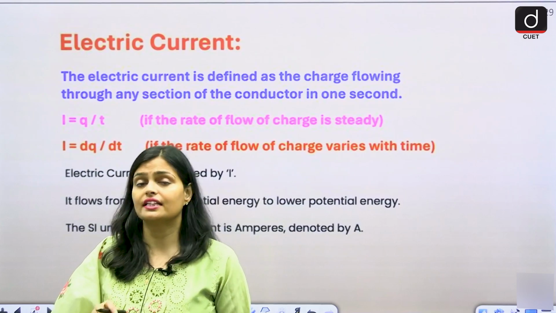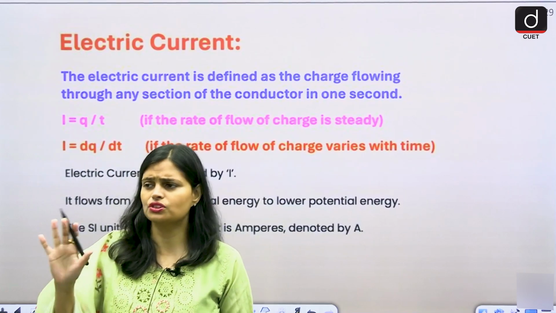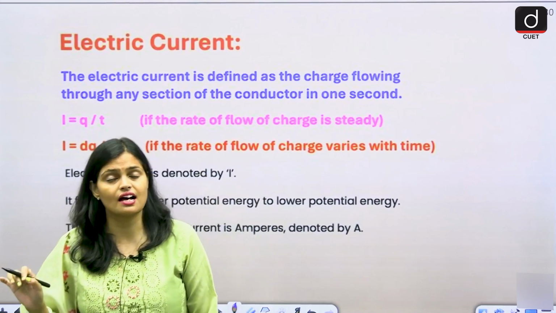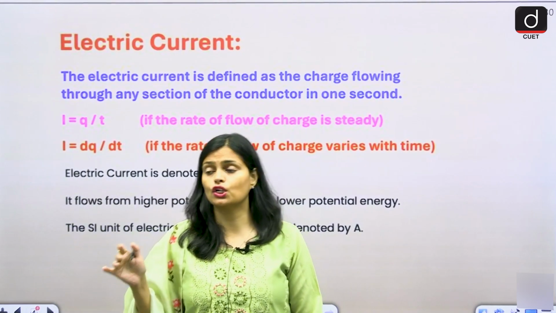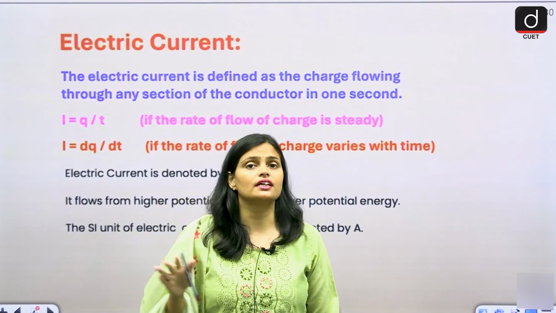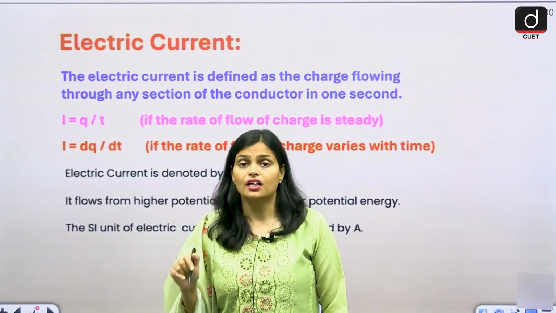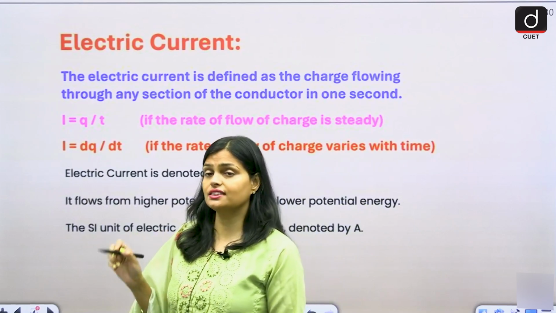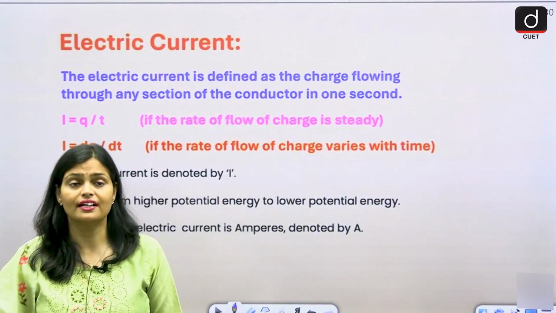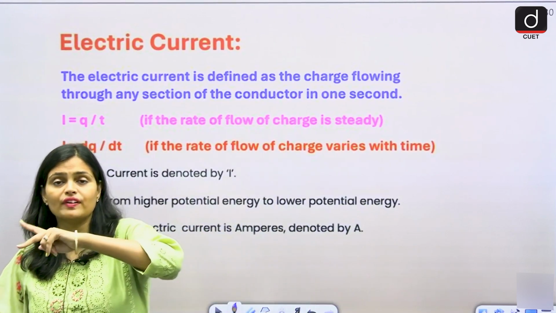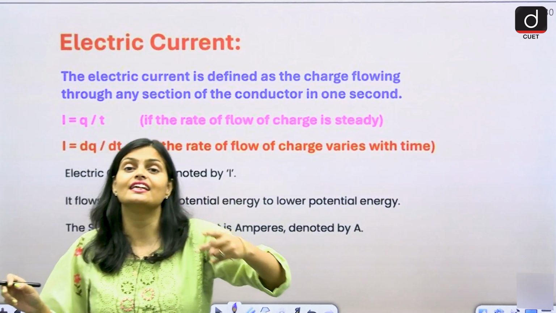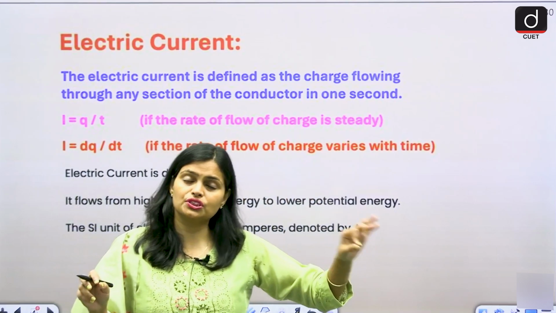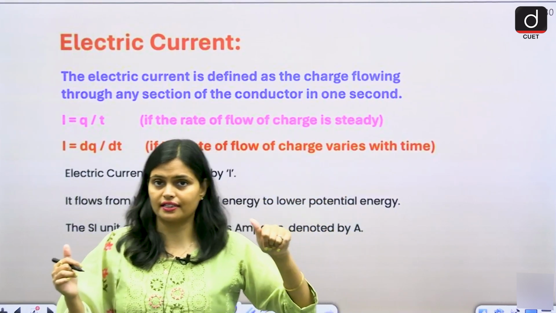Stationary means they are not moving here and there, they are just placed at their own position. When these charges are stationary, they do not conduct electricity. Which type of charge conducts electricity? The charges which are flowing. When the charge starts moving, then it creates electricity. Until the charges are at their own position, not moving, they do not conduct electricity.